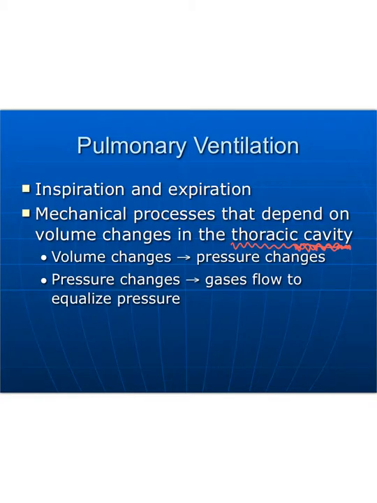So air will continue to move in as we increase the volume and decrease the pressure, until the pressure is equalized. The pressure we're talking about is the atmospheric pressure outside of the lungs and the pressure inside of our lungs, which we call the intrapulmonary pressure.